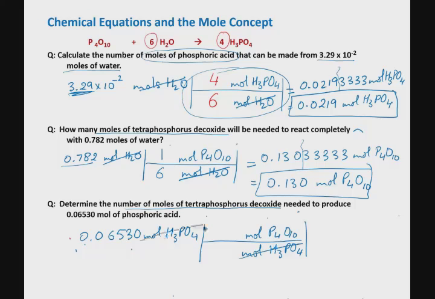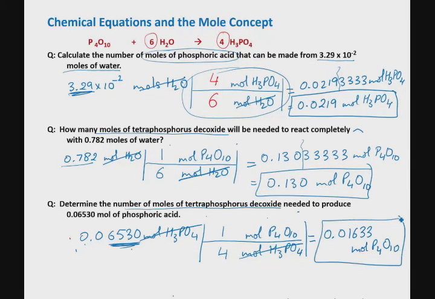The ratio between these is 4 moles of phosphoric acid produced from 1 mole of P4O10. Upon calculation and writing the answer in 4 significant figures this time, the final answer after rounding is 0.01633 moles of P4O10. So once again, to remind you, the purpose of the coefficients is to give us the molar ratios between substances involved in the chemical process.